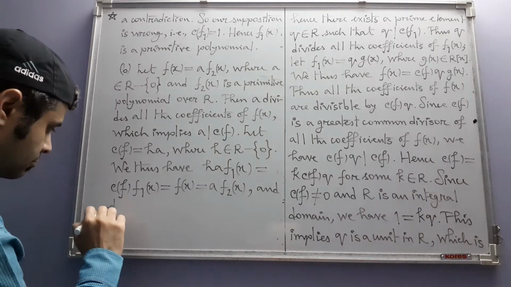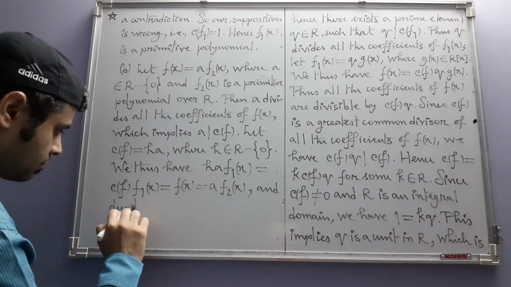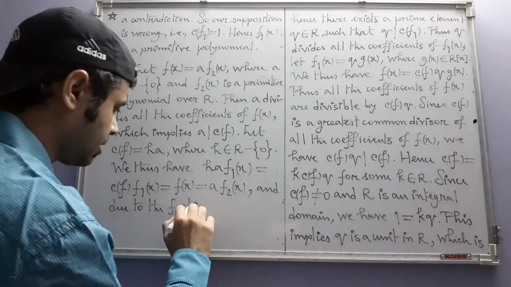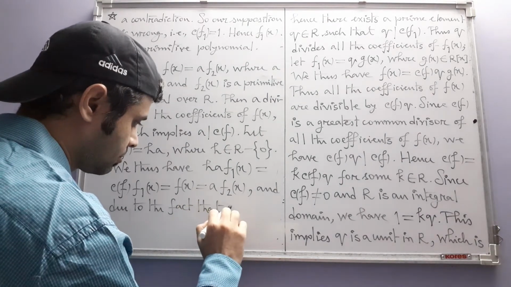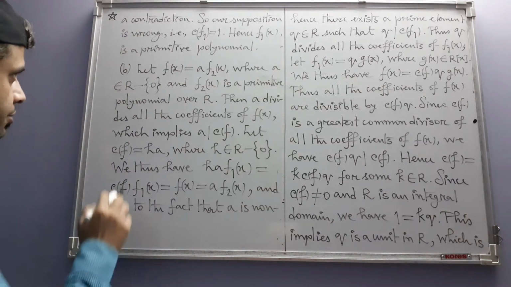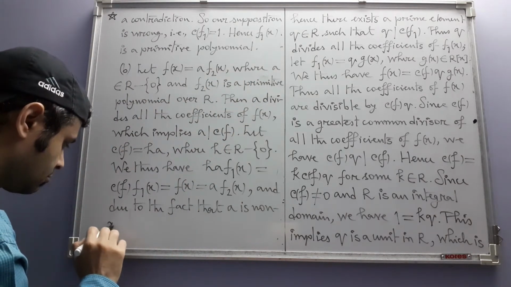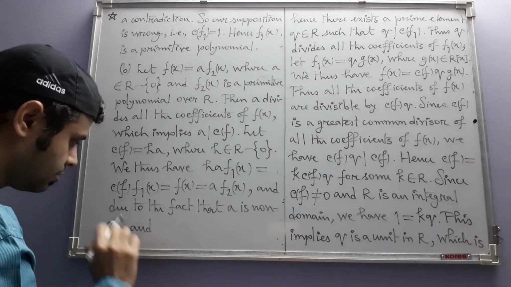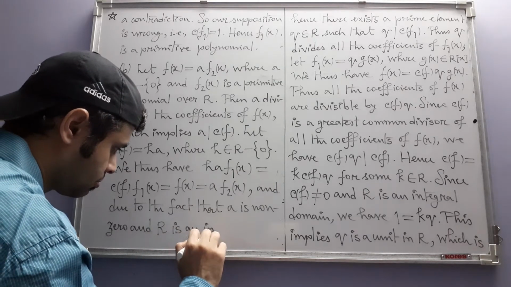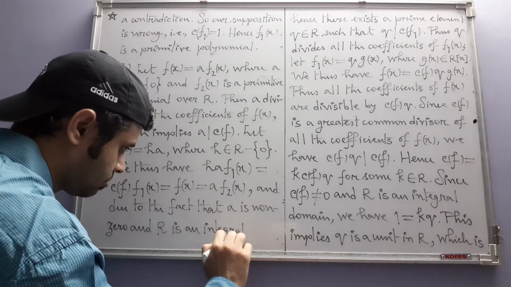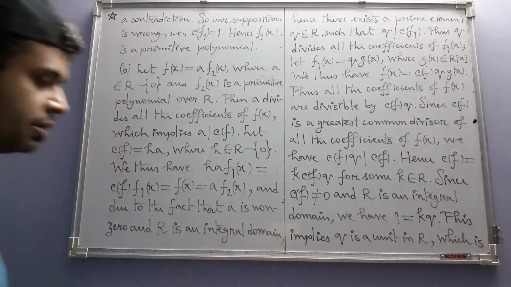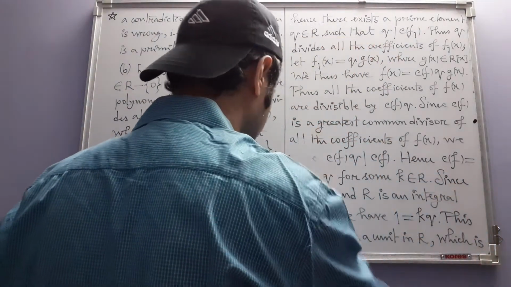and due to the fact that A is non-zero, A of course is non-zero, and R is an integral domain, so you can cancel A from both sides.